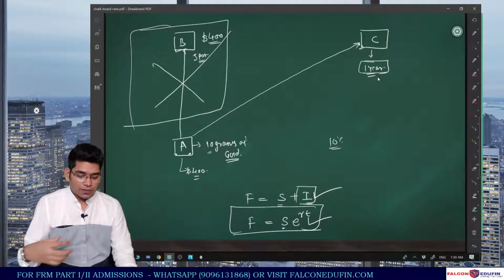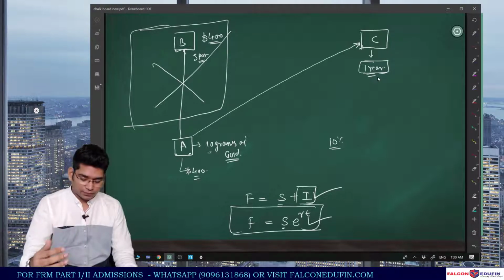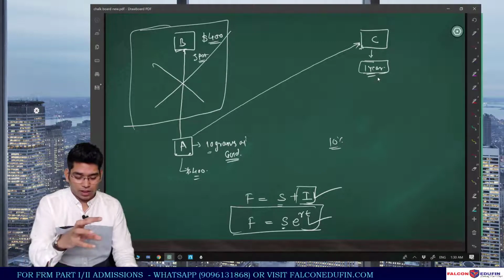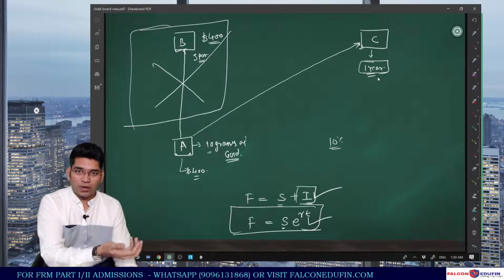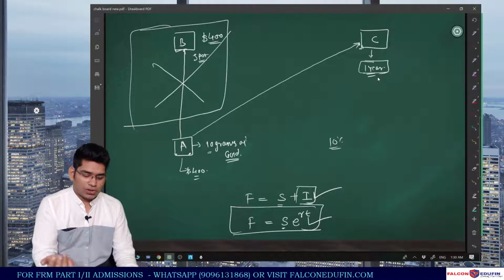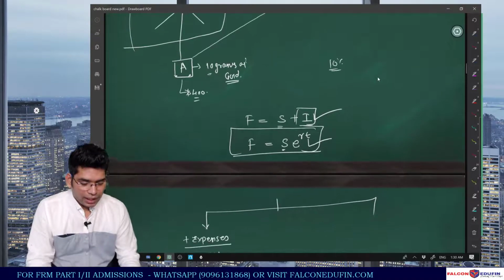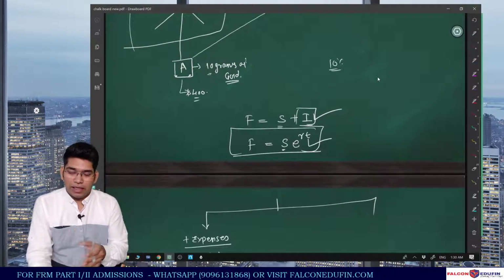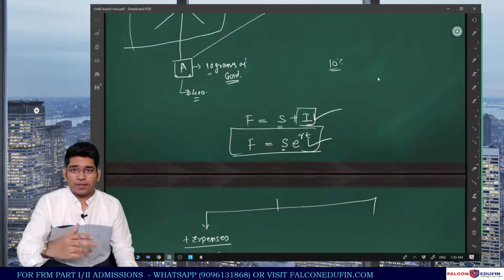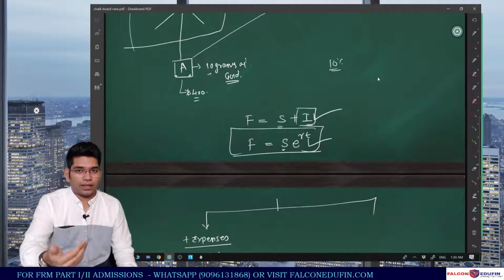So that's why we give advice to A. So A is planning to give it to the bank, in locker and store it into the locker. So locker's cost in general is, say it is $10 a year, and you have to pay it in the beginning or in the end. Based on that the calculation will change, that you have to see or work upon while solving the calculations.